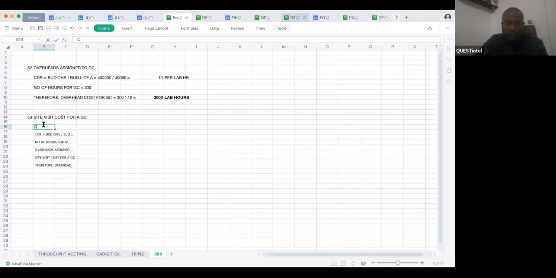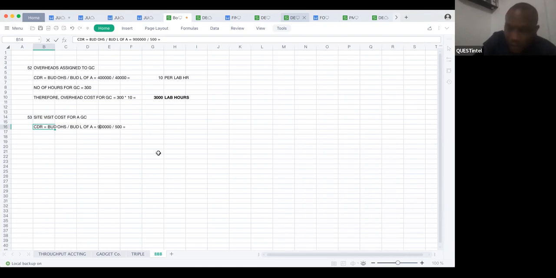So first of all, our cost driver rate will be the budgeted overhead over the budgeted level of activity. Was that 500 there? This one was 90,000, I think it's 900,000. So 90,000.